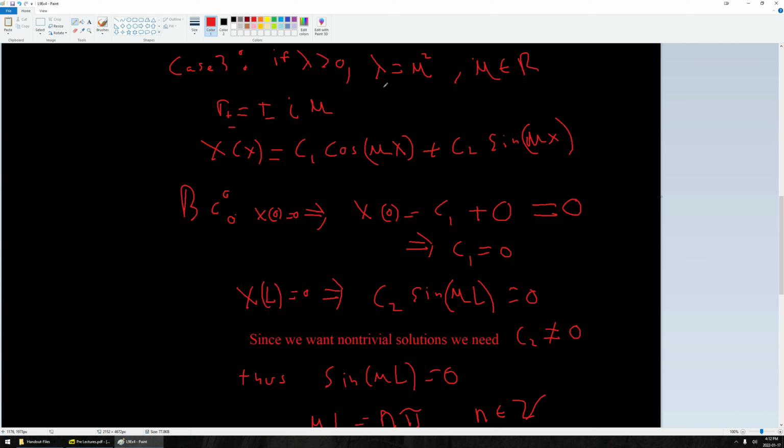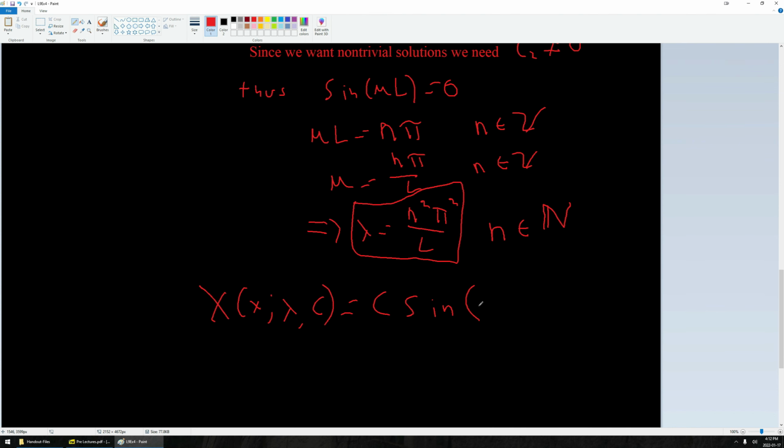Here I want to take the square root, and without loss of generality I can take the positive root, because the constant can absorb the negative that the sine would output. So I simply get sine of the square root of lambda x.